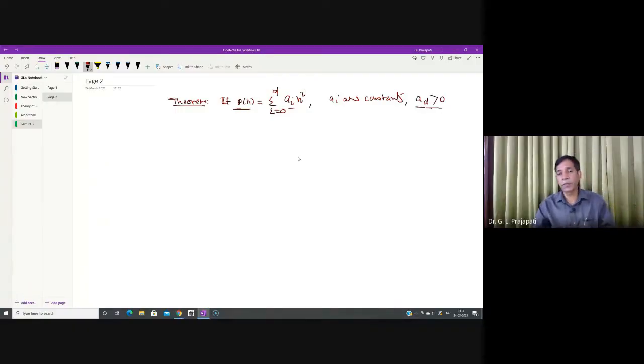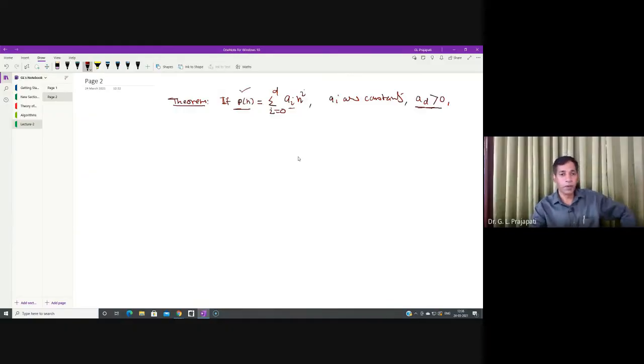Why is it so? The other coefficients, ad minus 1 or ad minus 2 or a1, a0, may be positive or negative, but we should ensure that the coefficient ad, which is the coefficient of n raised to the power d, must be greater than 0.